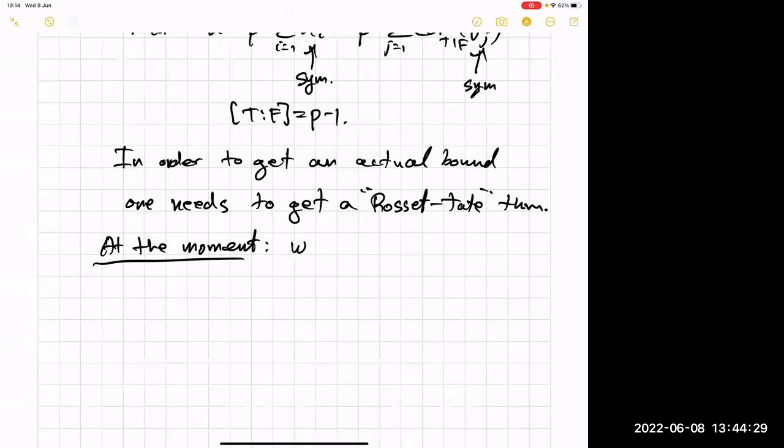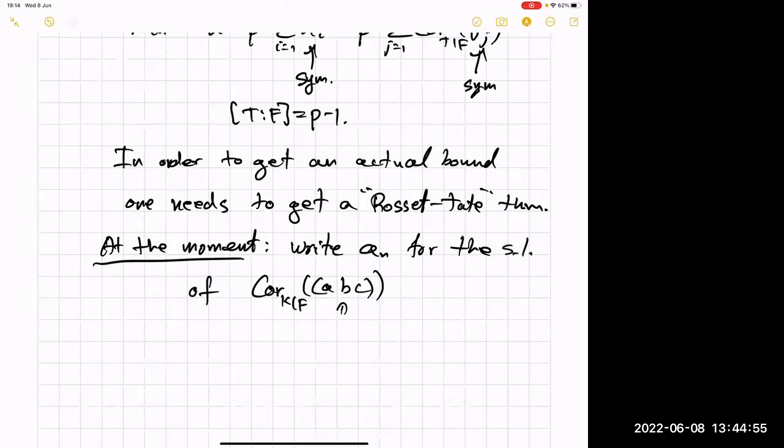Write A_n for the symbol length of the co-restriction from K to F of an element abc in K3, where the degree of K over F is n.